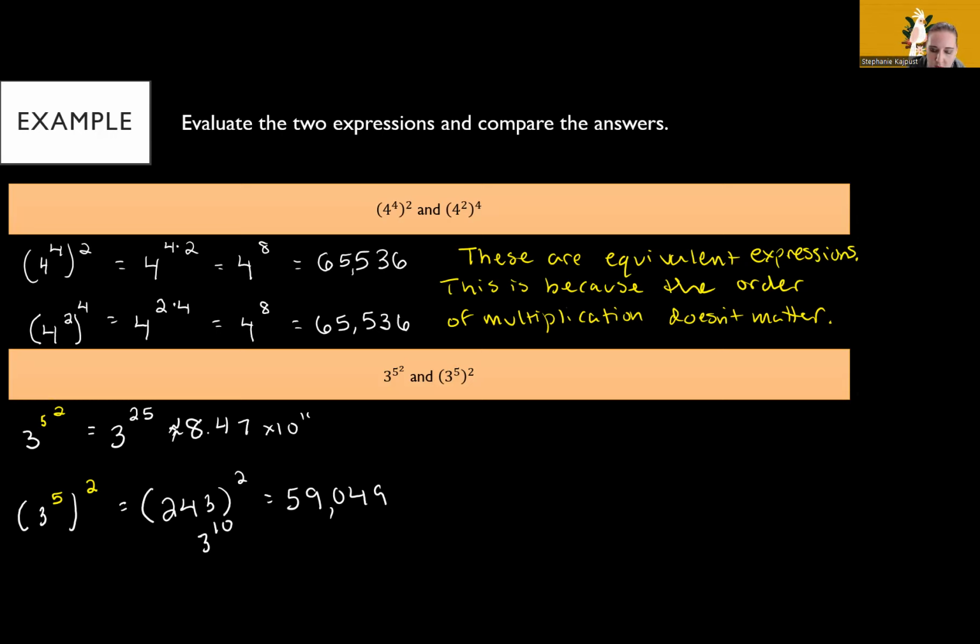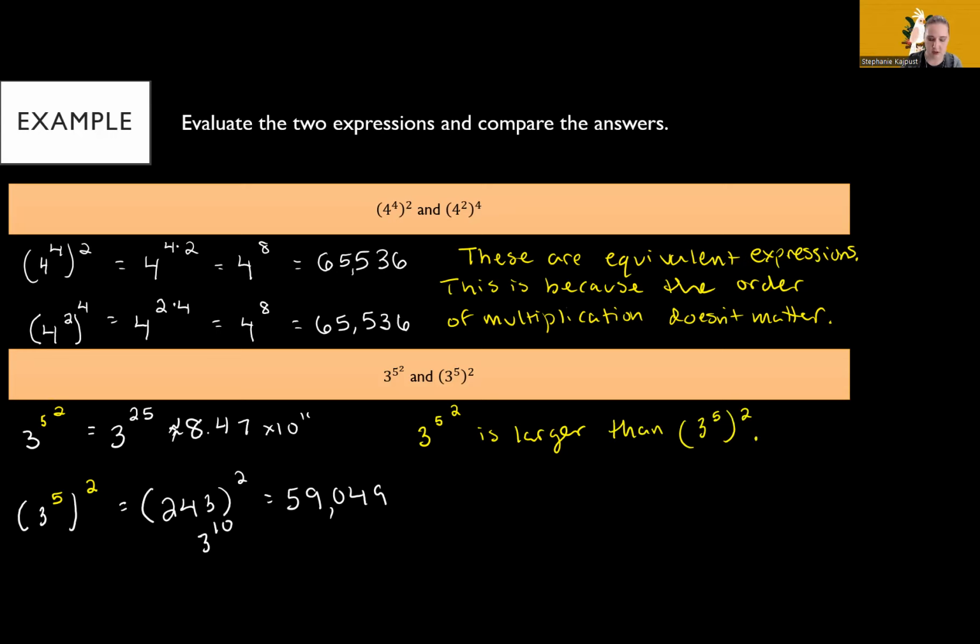And so when you have your comparison, 3 to the fifth to the second is larger than 3 to the fifth, and then that squared.